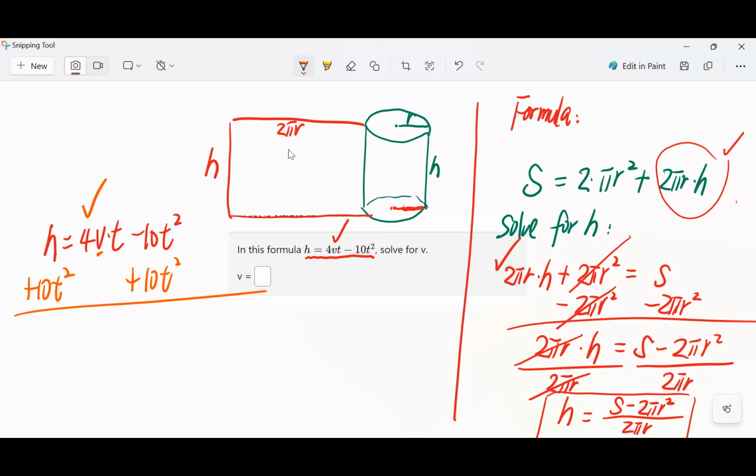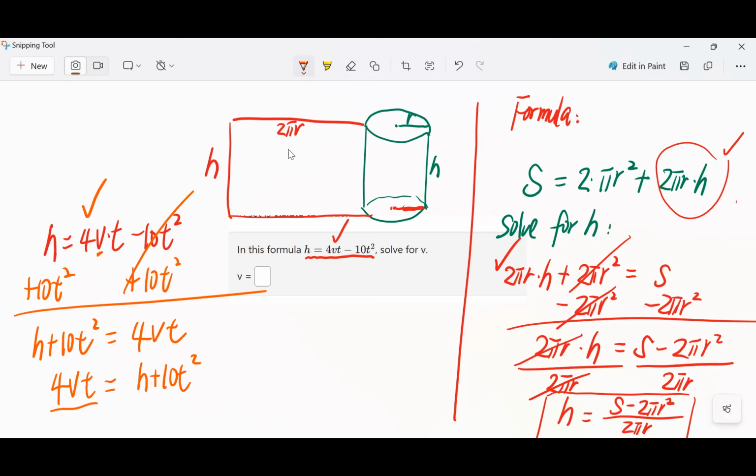So cancel 10t squared, right? And then we get h plus 10t squared left. 4vt. If you want, you can reverse the order, right? So we get 4vt equal to h plus 10t squared. From there, we're going to get rid of 4 and t.